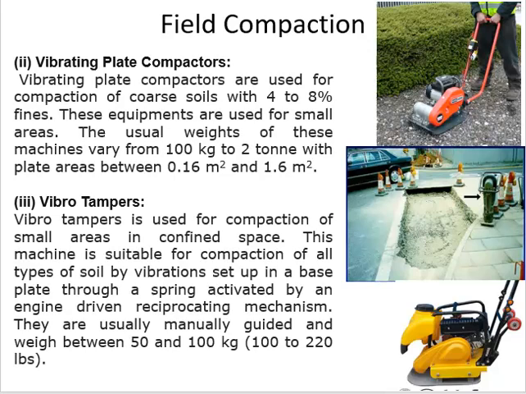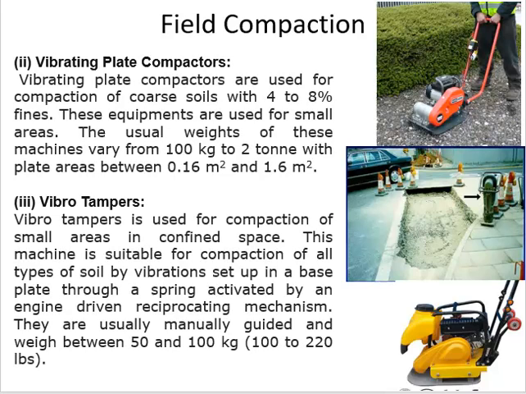Vibrating plate compactors are used for compacting coarse grained soils with 4 to 8% fines only. Compactor plates are wider than rammer plates, and they use vibrations to help settle the soil as it compacts. The weight of this equipment varies from 100 kg to 2 ton, with contact area varying from 0.16 to 1.6 meter square.